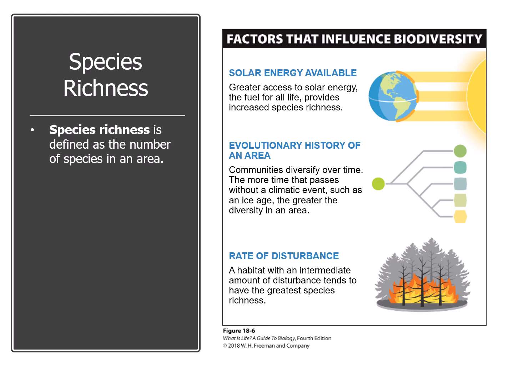We can also look at evolutionary history of an area. So if communities diversify over time, the more time that passes without a climatic event, such as an ice age or something like that, then the greater the diversity in the area will be.